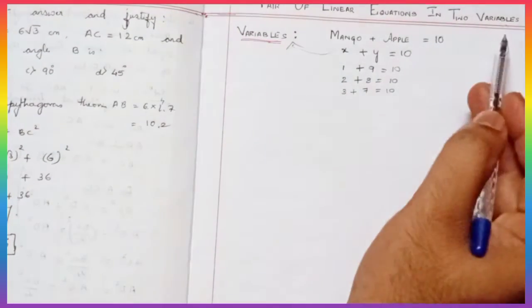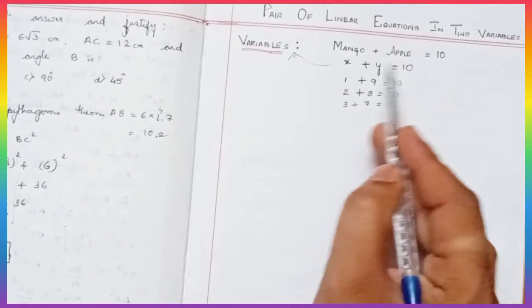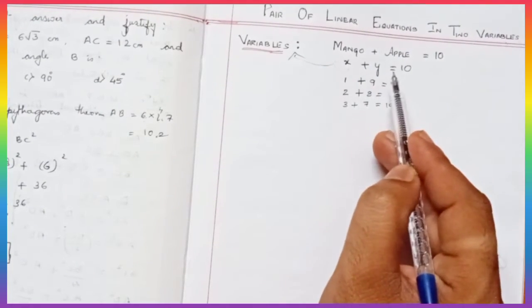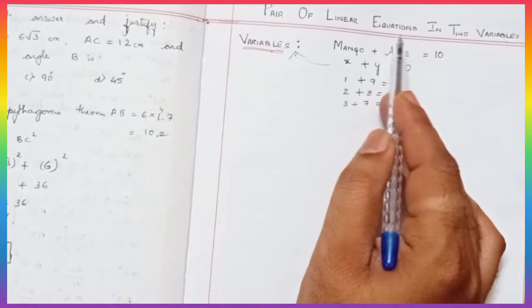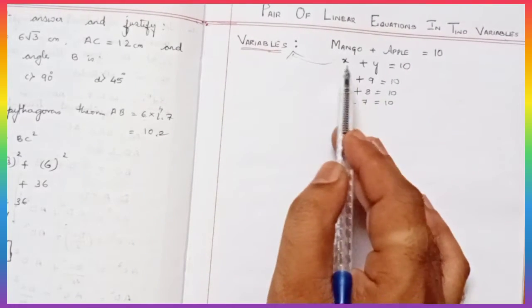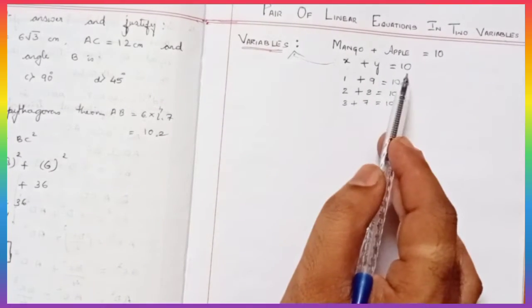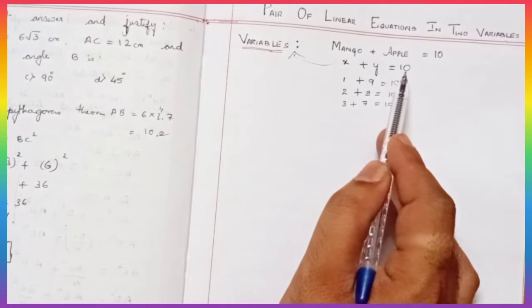The next one, after variables and two variables, is equations. Obviously we have written two variables here. What do you mean by equation? If you carefully observe this, it is an equation: x plus y equal to 10.